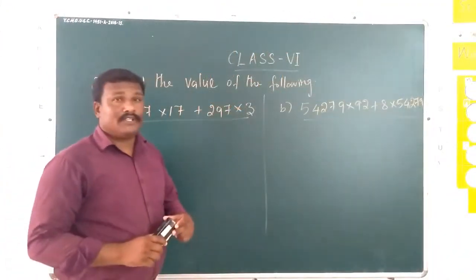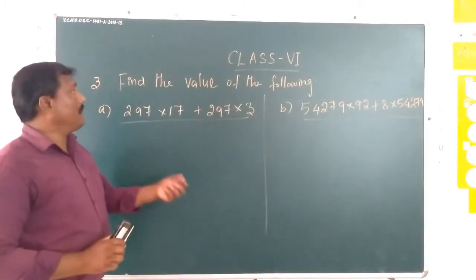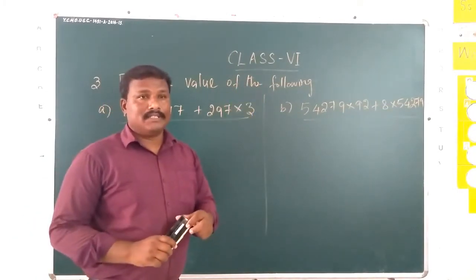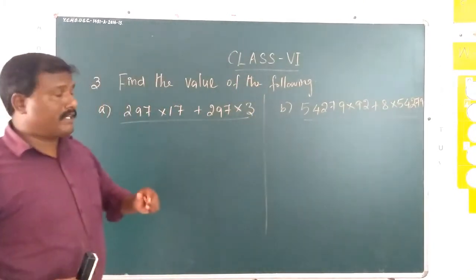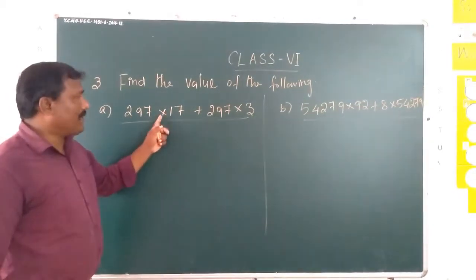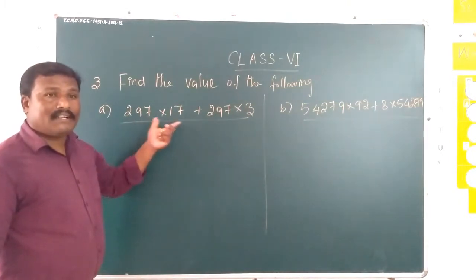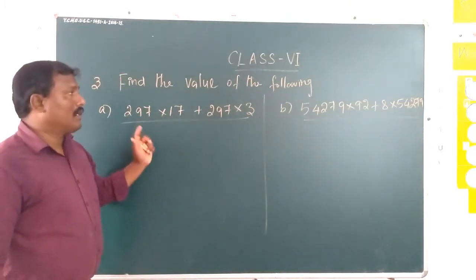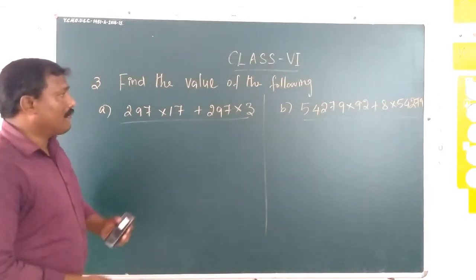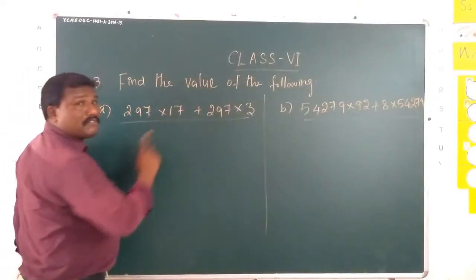Now we are going to solve some different kinds of sums. The sum is: find the value of the following. You have to find the value of the given numbers. If you see here, multiplication and plus are there. We have to do both multiplication and addition. First, if you look at the number 297, 2 times are there.